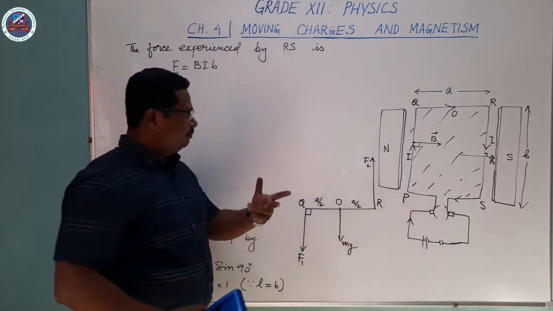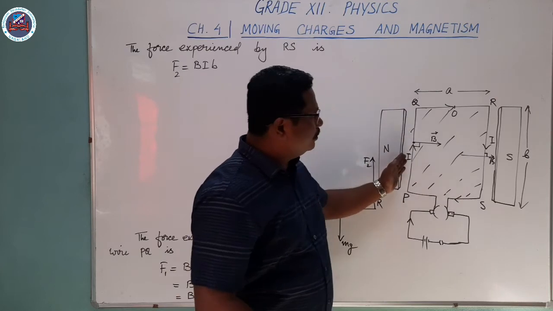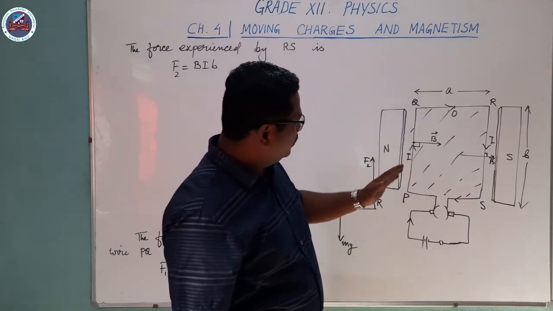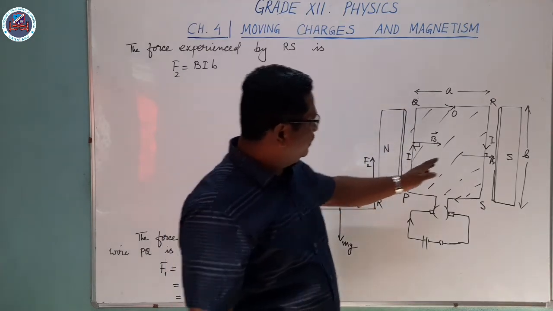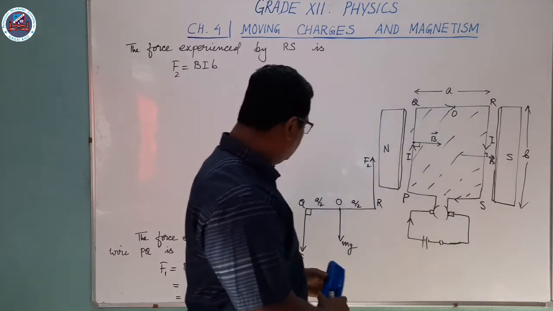If we use Fleming's left-hand rule, we find that PQ moves in the downward direction and RS moves in the upward direction.